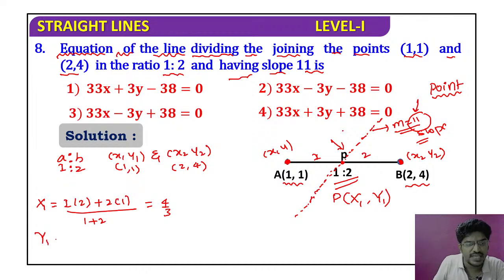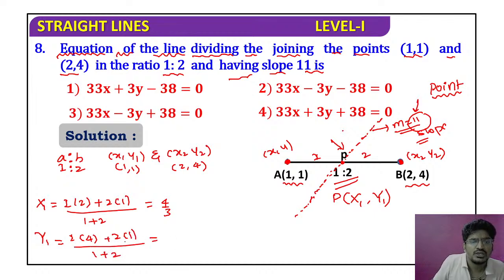A into y2, A value is 1, y2 is 4, plus B into y1, that is 2 into 1, divided by 1 plus 2. 4 plus 2 is 6, 6/3 is 2.